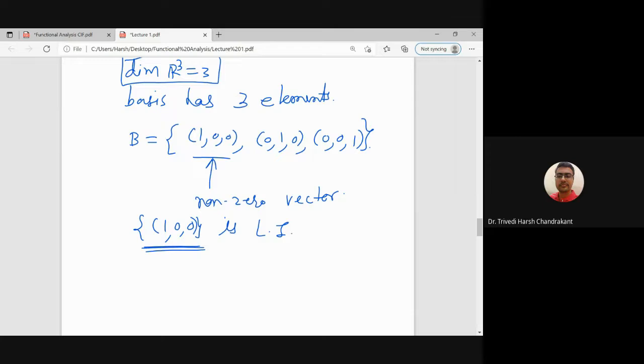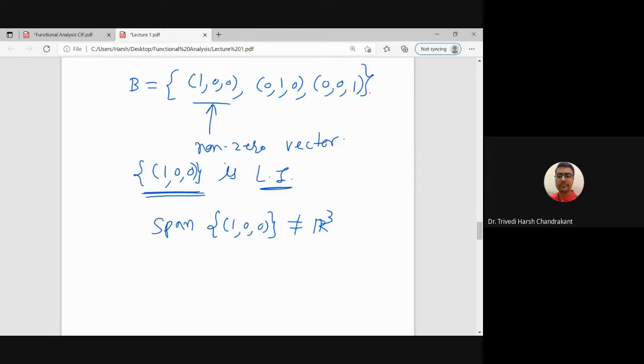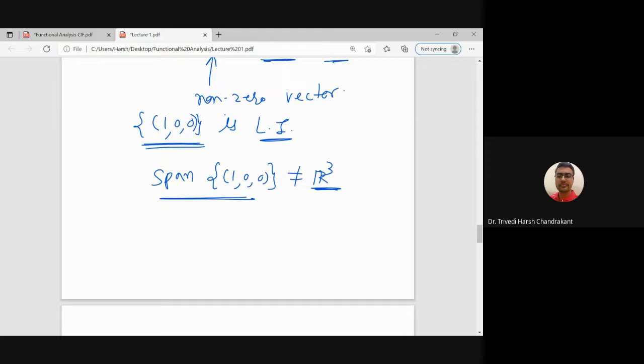There are 2 criteria in a basis. The first is that it is an LI set, but this set is not a basis. Why? Because the span of this set is not R3. So I can add one vector from R3 which is not in this span, so we can choose this one or this one. Both of them are in R3 but not in the span.